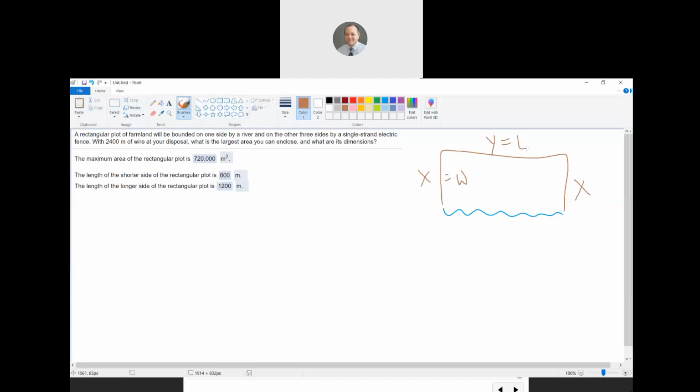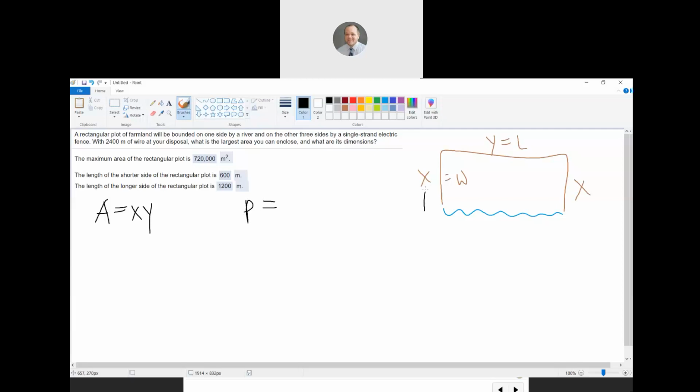Again, we are given two things, perimeter and area, so we need two formulas. Area equals length times width, or x times y, or y times x if you want to switch them around. Now, our perimeter formula is not the standard formula for a rectangle, because one of the sides of our farmland is already bounded by the river.